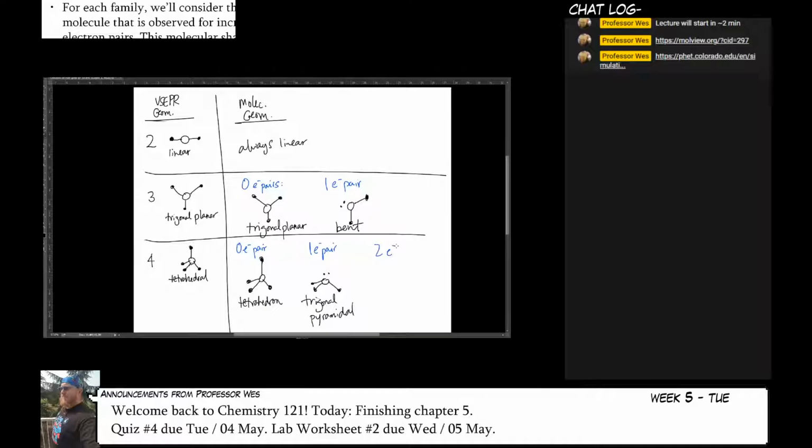Or we can have 2 electron pairs, where you get something that's bent.